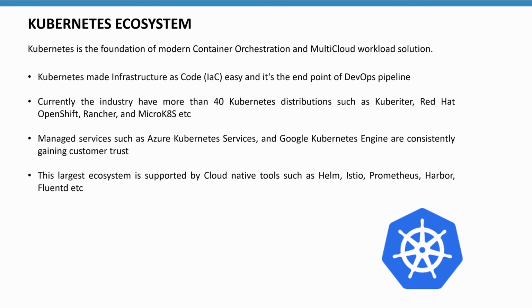Managed services such as Azure Kubernetes Service and Google Kubernetes Engine are consistently gaining customer trust. It has the largest ecosystem with more than 1,000 cloud-native tools. Some examples are Helm, Istio, Prometheus, Harbor, and Fluentd.